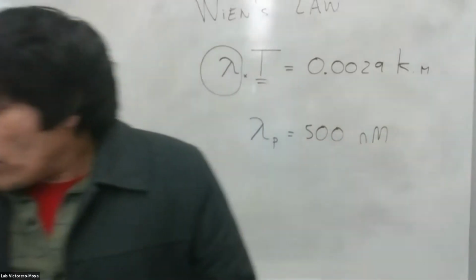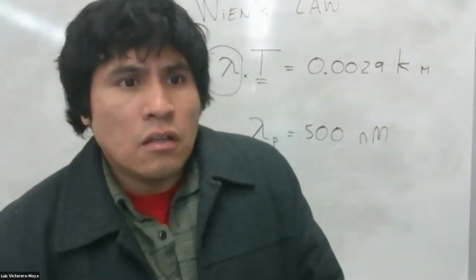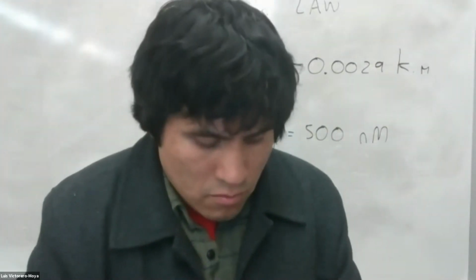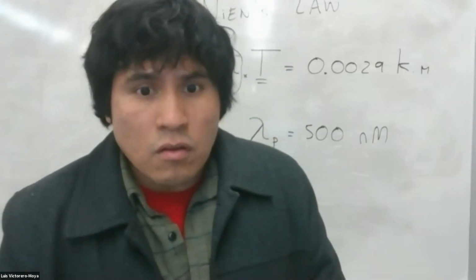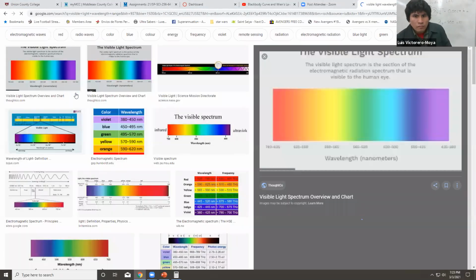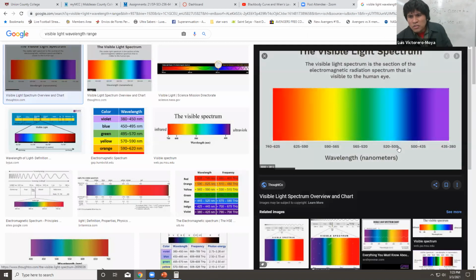So then we can look at the scale of visible light. Let me show you this. Can somebody tell me, looking at this, the wavelength of the sun, at which color is the peak? 500 nanometers, so where is it?